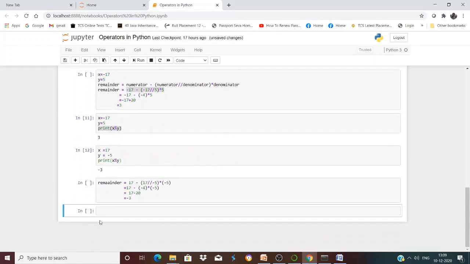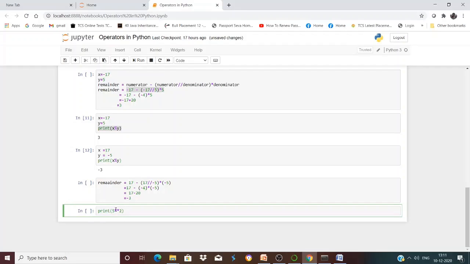So let's have a new cell. The exponentiation operator is nothing but a number raised to the power of another number. So let's have a look at an example of an exponentiation operation. Let's say print 5 double asterisk 2.